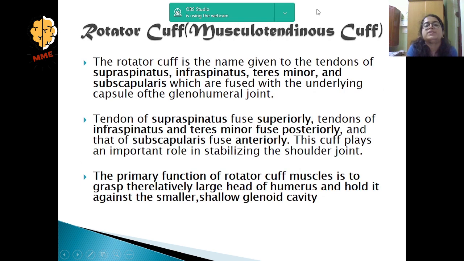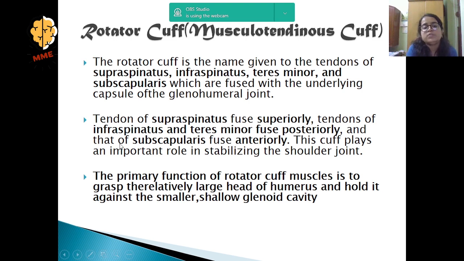Now the rotator musculotendinous cuff. The rotator cuff is a name given to the tendons of supraspinatus, infraspinatus, teres minor, and subscapularis, which fuse with the underlying capsule of the glenohumeral joint or the shoulder joint proper.